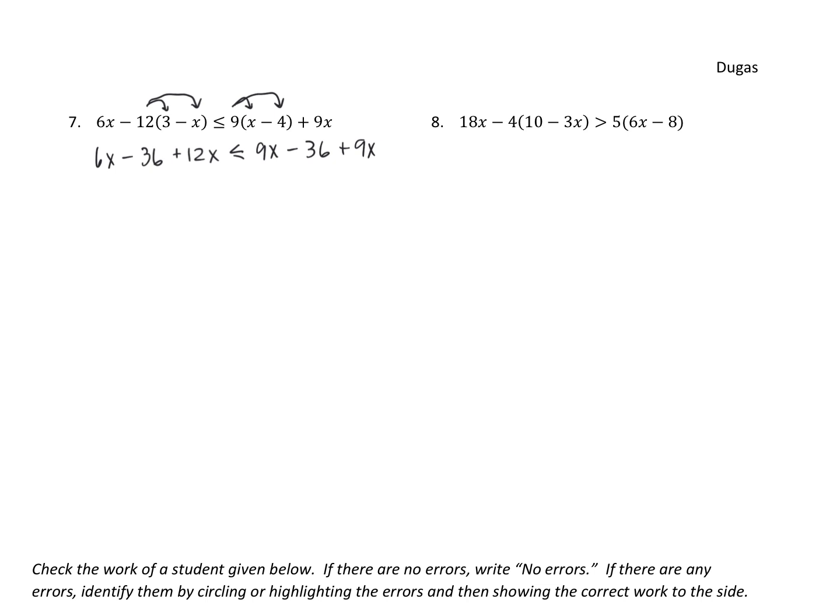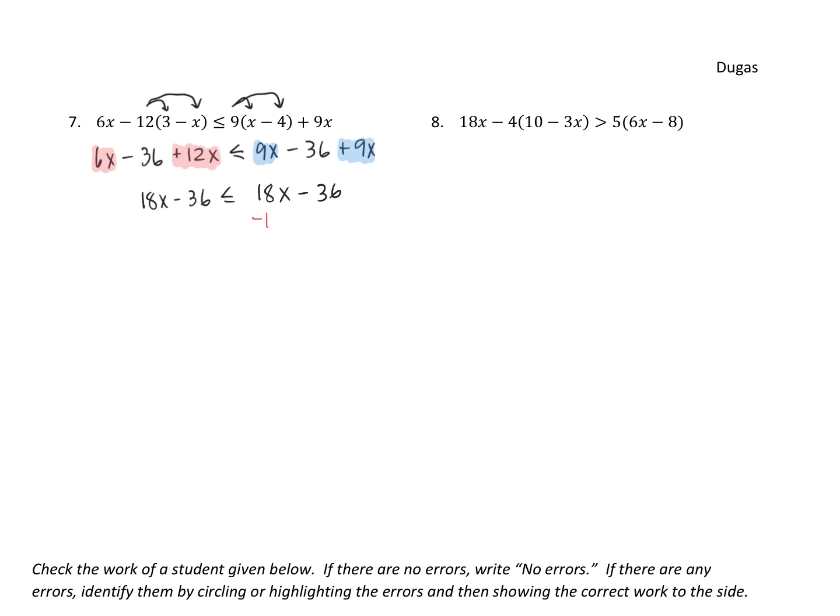So we have some like terms to combine on the left, 6x and 12x. So that will get us 18x minus 36. And then on the right-hand side, we have a 9x and a 9x. So that will give us 18x minus 36.